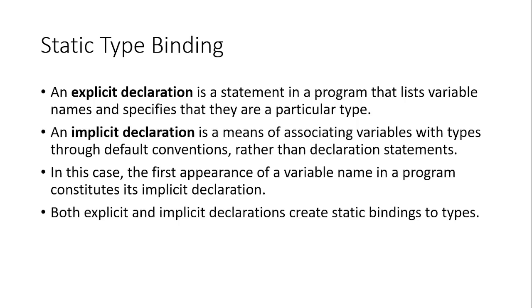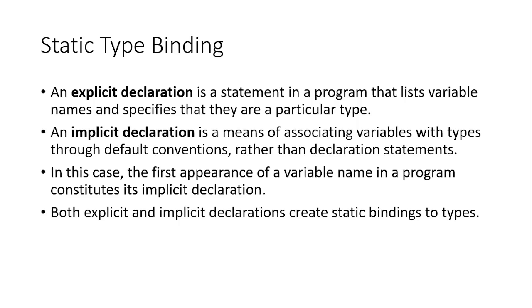An implicit declaration is a means of associating variables with types through default conventions rather than declaration statements. For example, the first appearance of a variable name in a program constitutes its implicit declaration.